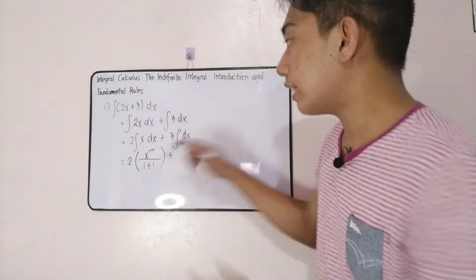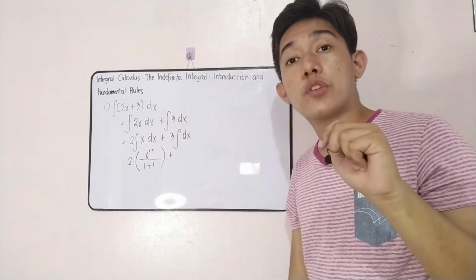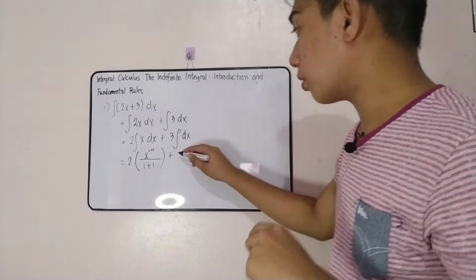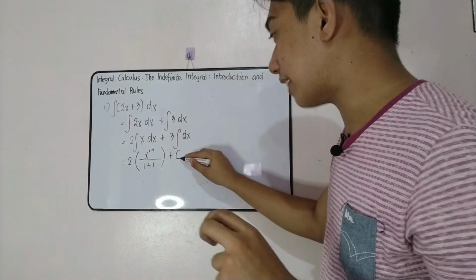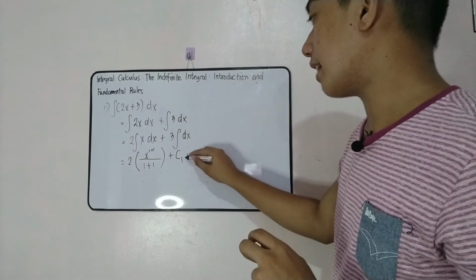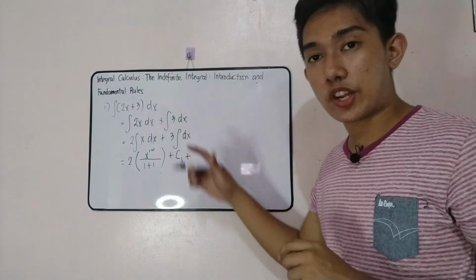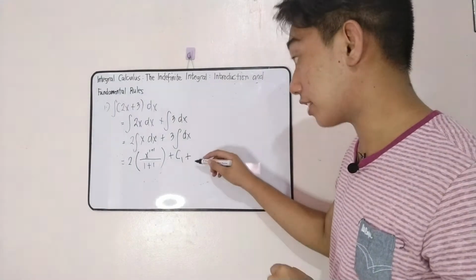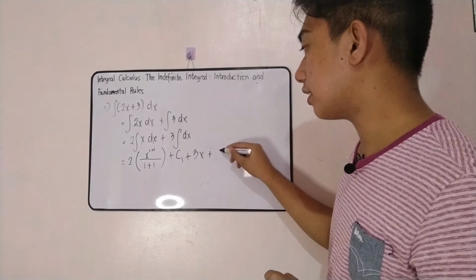Plus, since we have two functions here, we will put a constant of integration as subscript. So, c sub 1 plus, for this case, for the third rule, the integration of dx is just equal to x plus c. So, therefore, this will become 3x plus c sub 2.